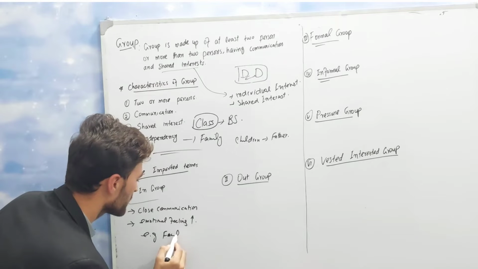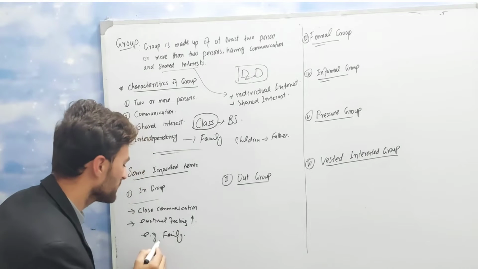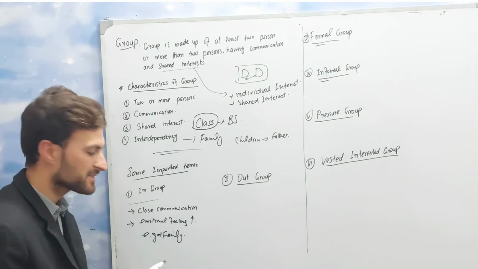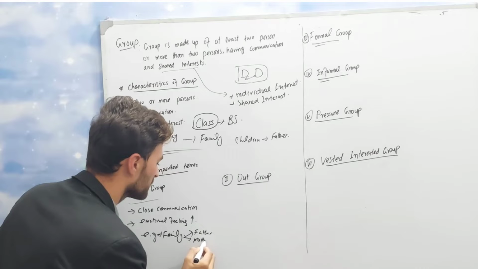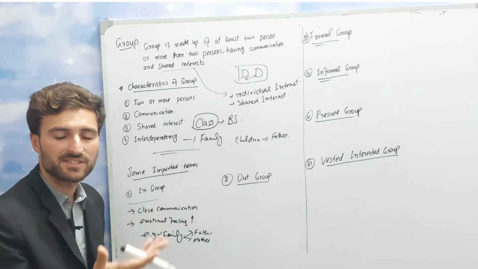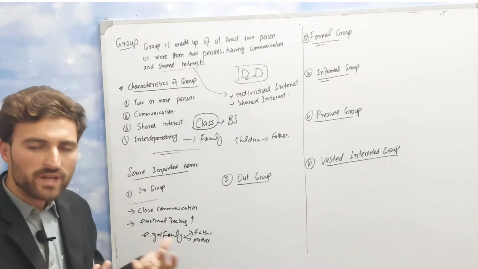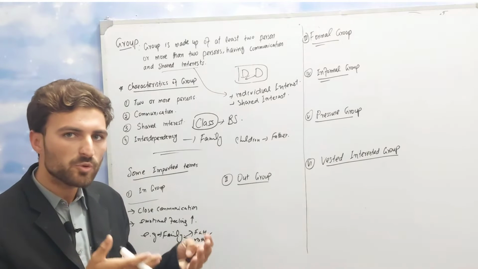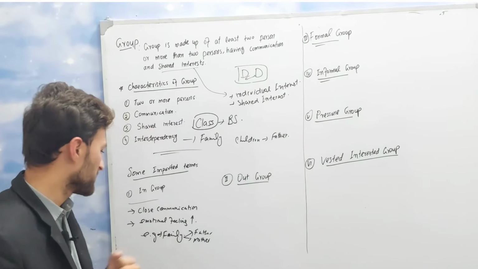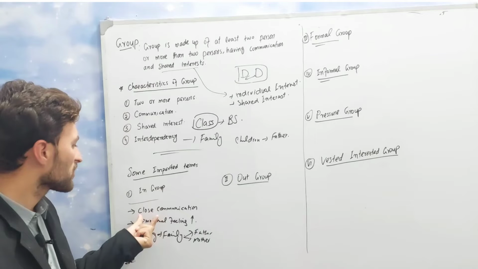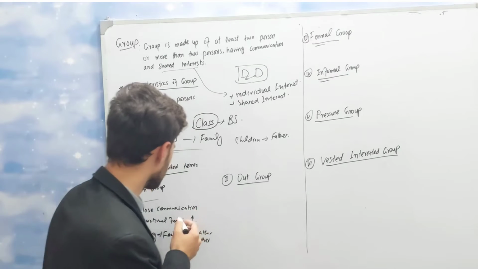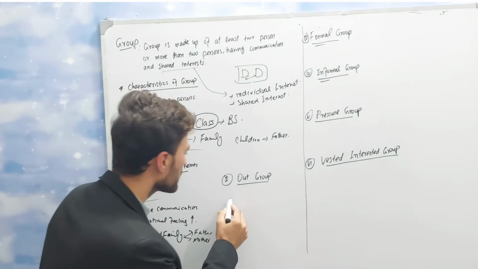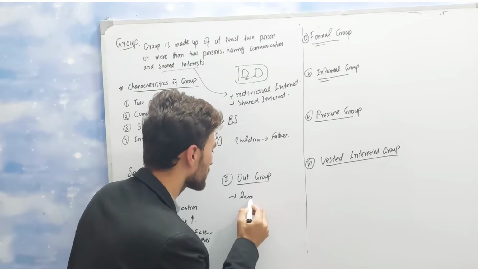As we know, we are very emotional regarding our family members, like father and mother, brothers and sisters. So here there is close communication and emotional feeling. Out-group is the opposite of this one, so here there will be less communication.